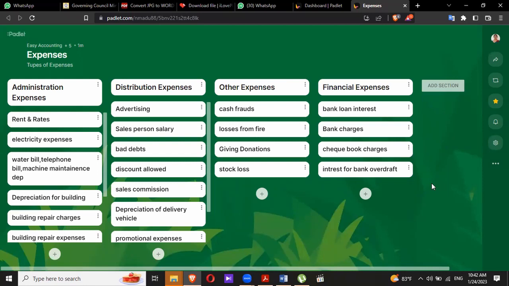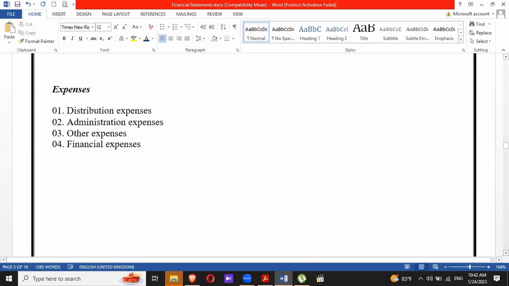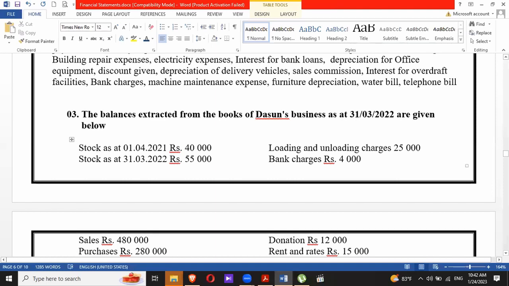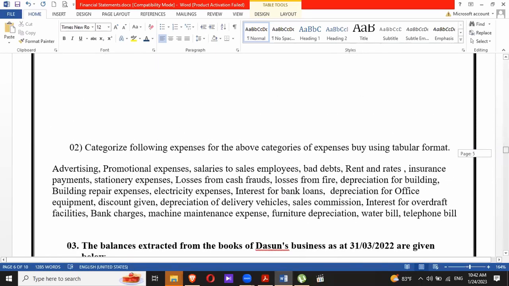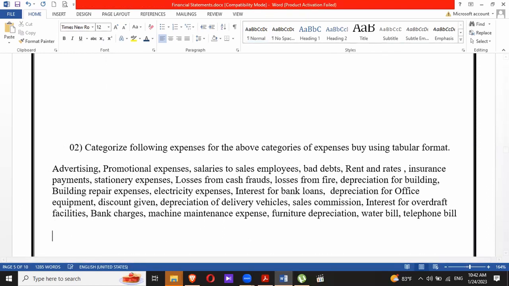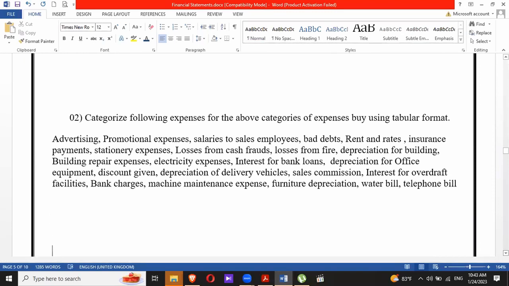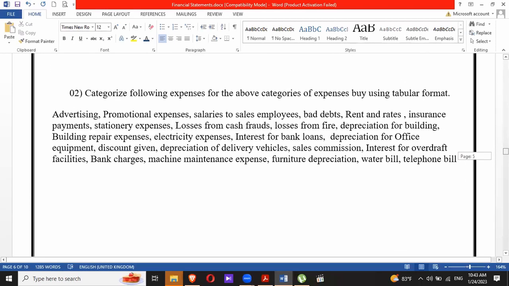Let's move to the activity in the tute. Go through the activity I have given in the tute. Look at this. You have to categorize, right? Categorize the following expenses for the above categories of expenses by using tabular format.